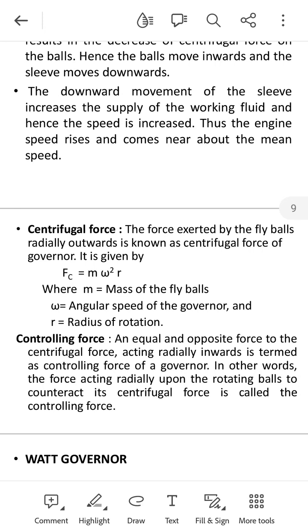The controlling force: an equal and opposite force to the centrifugal force, acting radially inward, is termed the controlling force of the governor. In other words, the force acting radially upon the rotating balls to counteract its centrifugal force is called the controlling force.